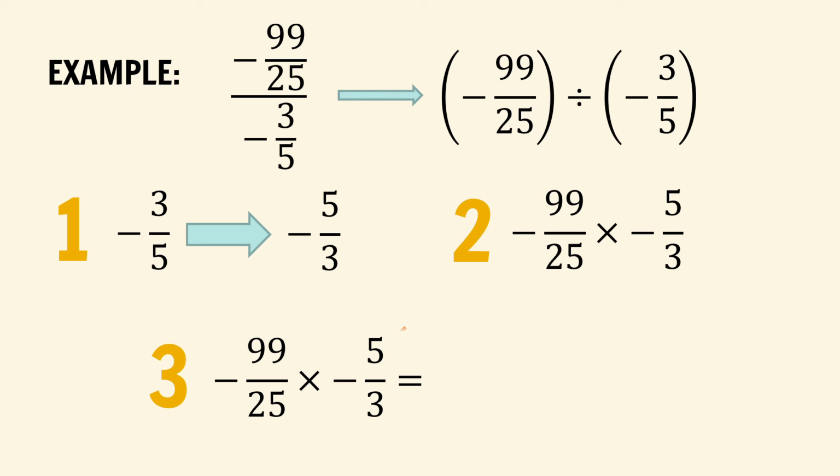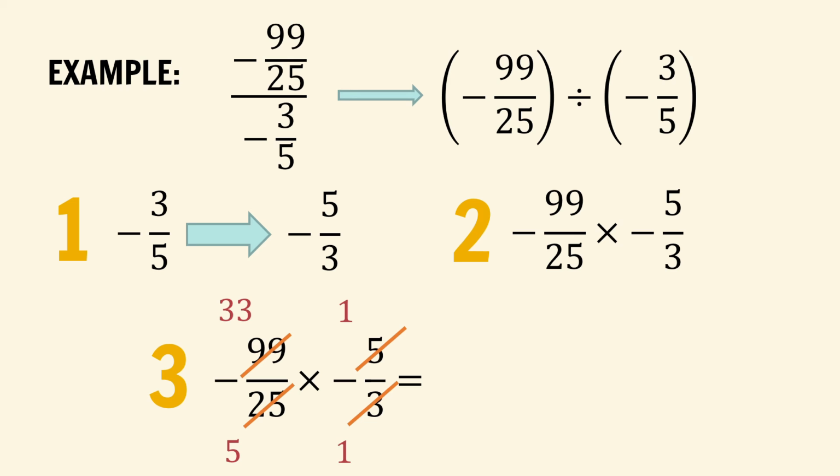So 25 divided by 5 equals 5. 5 divided by 5 equals 1. Another thing is 99 and 3. Both have the common factor of 3. So 99 divided by 3 equals 33, and 3 divided by 3 equals 1.